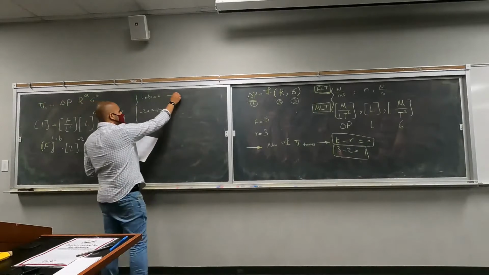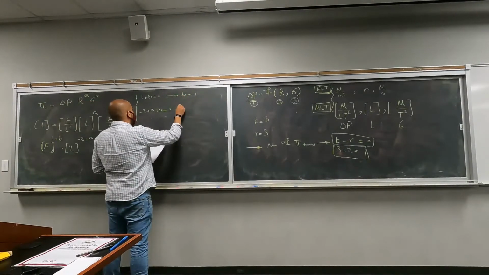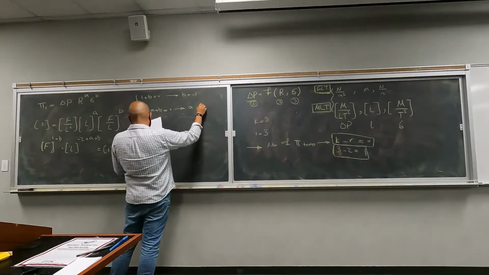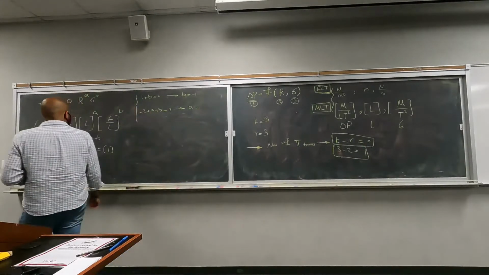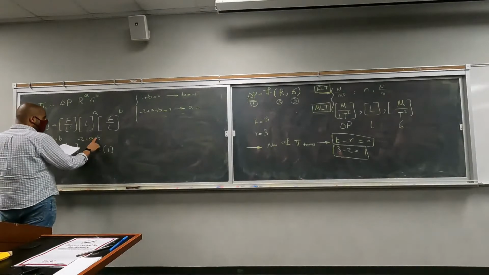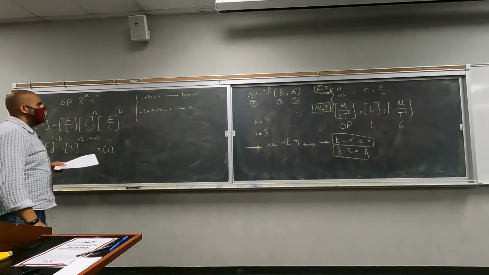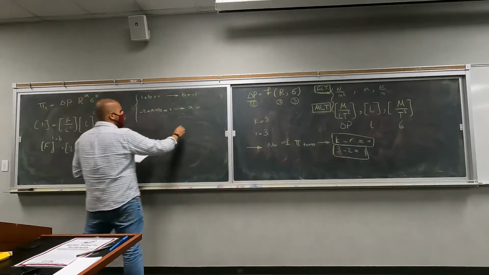So b is going to be -1, and a is going to be minus b. So we're going to get a equals +1.